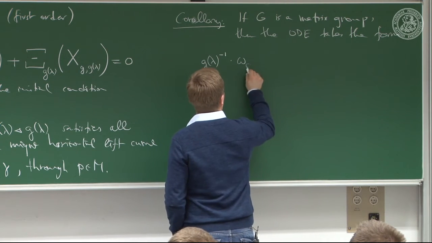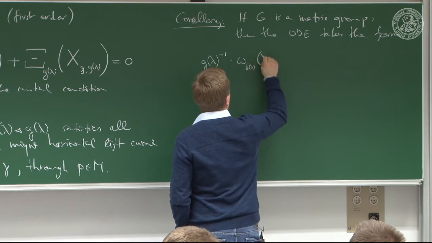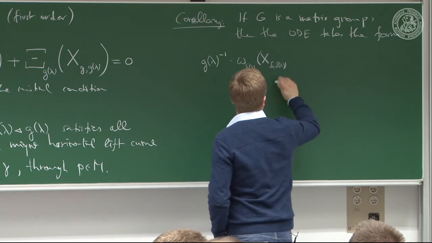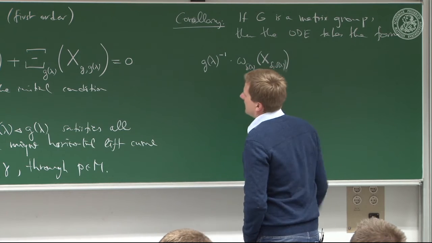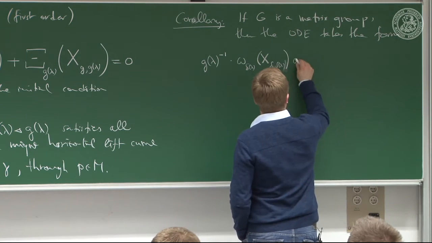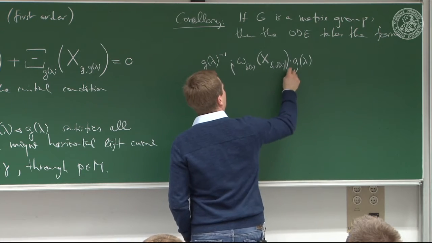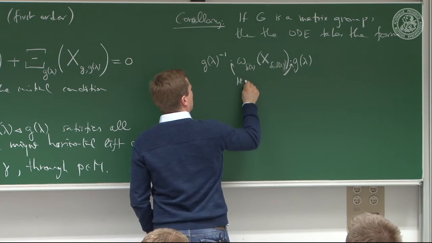So it's omega along the tangent vector to delta of lambda. So that, of course, remains. And then coming again from the right. So these here are now matrix multiplications.